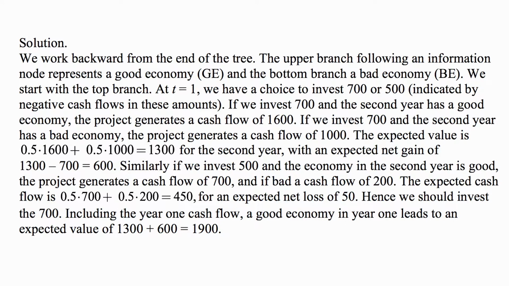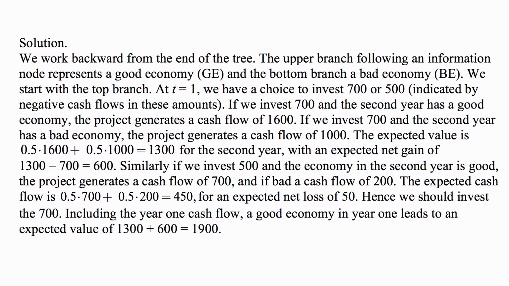Similarly, if we invest 500 and the economy in the second year is good, the project generates a cash flow of 700, and if bad, a cash flow of 200. The expected cash flow is the average of the two, so it's 450 for an expected net loss of 50, because we invest 500 and on average we make 450. So we should invest the 700. That's the better of the two choices, including the year 1 cash flow, which is given.